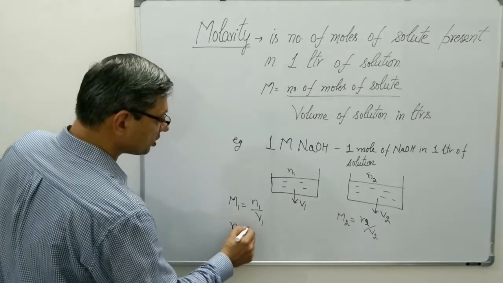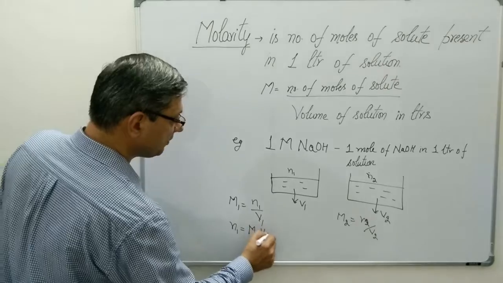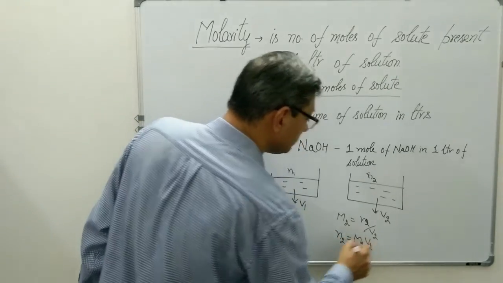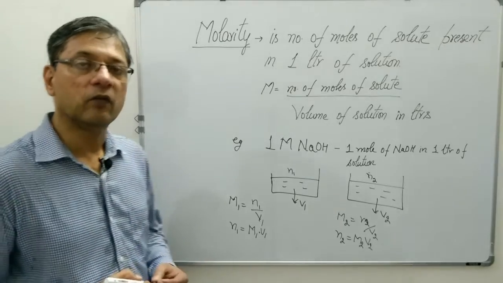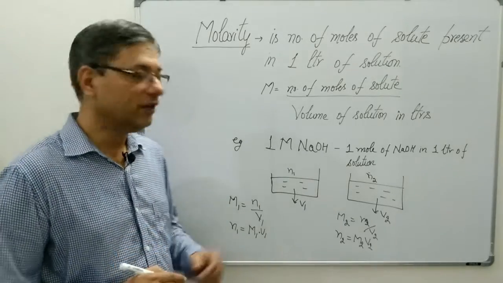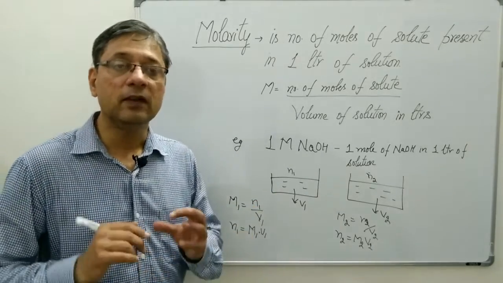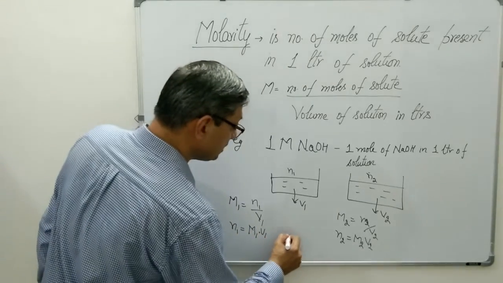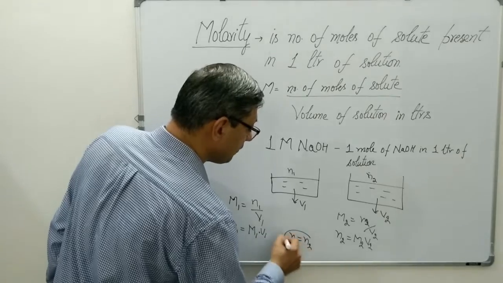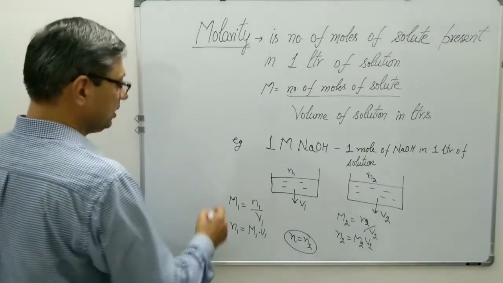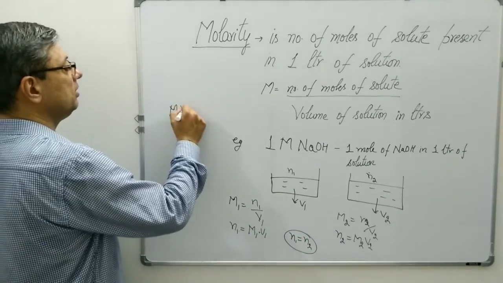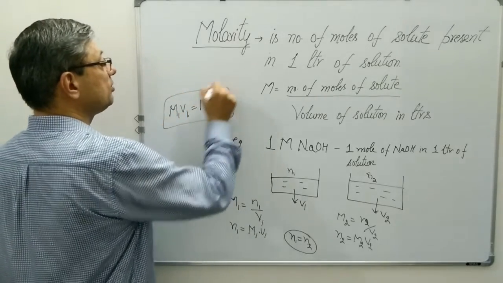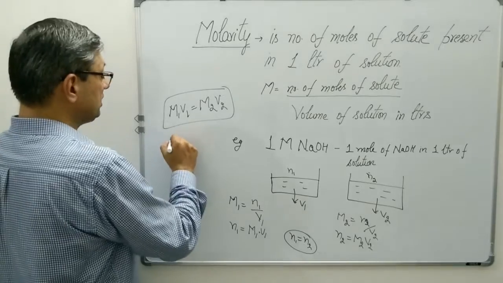Cross multiplying, N1 will be equal to M1 into V1, and N2 is equal to M2 into V2. As we know, number of moles of solute will remain the same even when the concentration of solution changes. Therefore, N1 should be equal to N2. If N1 is equal to N2, then M1 V1 will be equal to M2 V2.